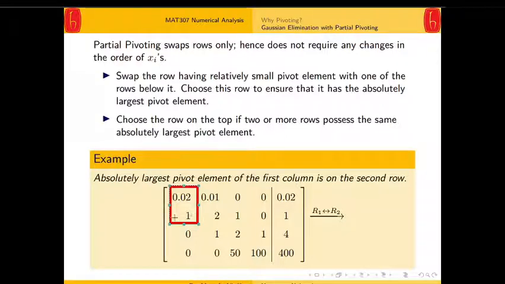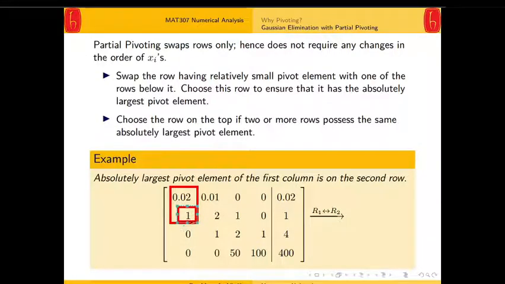Our possible candidates are 0.02 and 1. We choose this one over here because this number is larger than this number in its absolute value. So we choose the largest possible in that column.